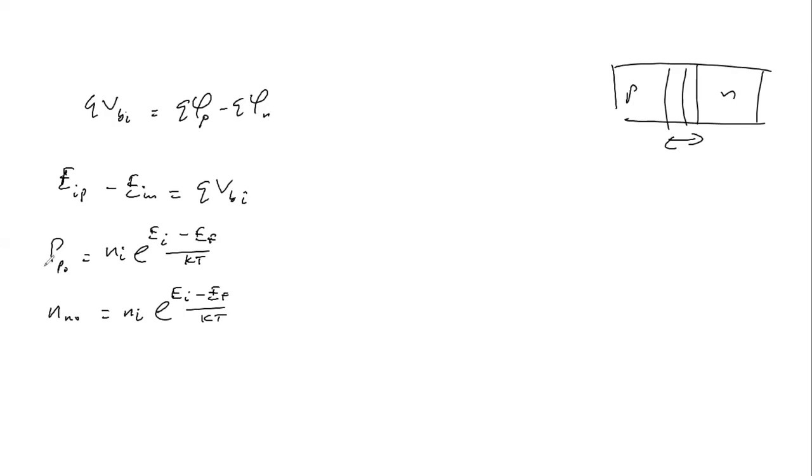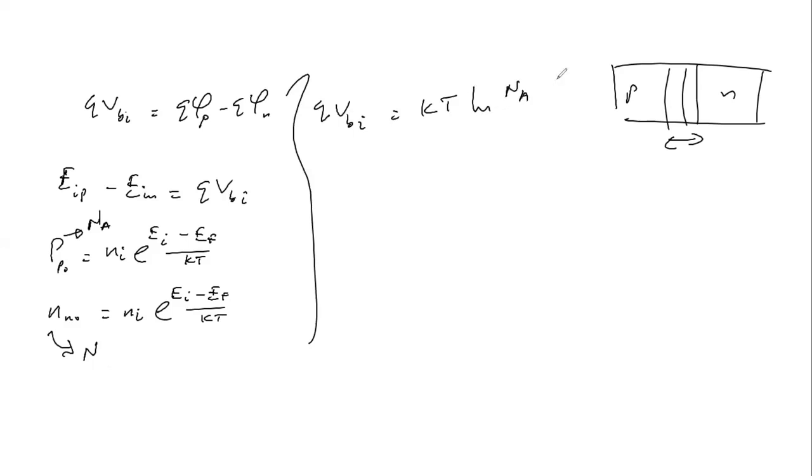And once we plug in all the necessary parameters, because this is the same as the concentration, we know that the work function, for instance, Q VBI will therefore be the same as KT times the natural logarithm of NA.